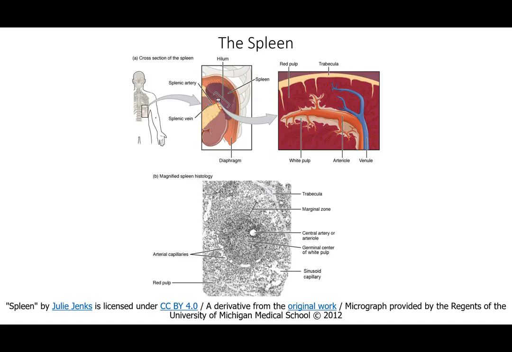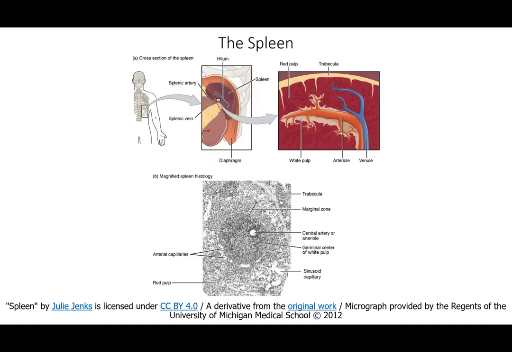That's going to split into a lot of different arterioles and then into sinusoid capillaries. So those are these capillaries that have big missing pieces of cells, so very, very large openings so that blood can get out into the tissue of the spleen itself.